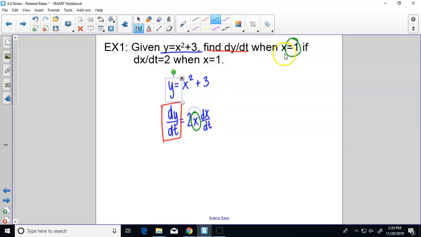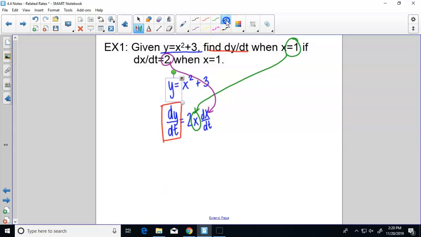So right here, I'm going to plug in 1. And then I know dx/dt equals 2 when x equals 1. This rate of change, this dx/dt, it might be changing, but at x equals 1, which is what I'm concerned with, it equals 2. So I would take 2 and plug it in for dx/dt.